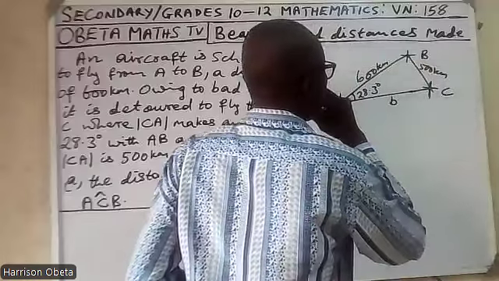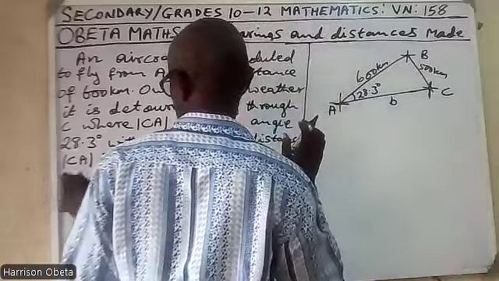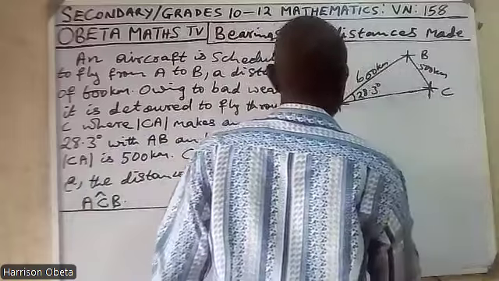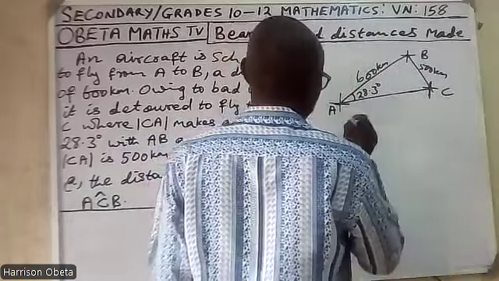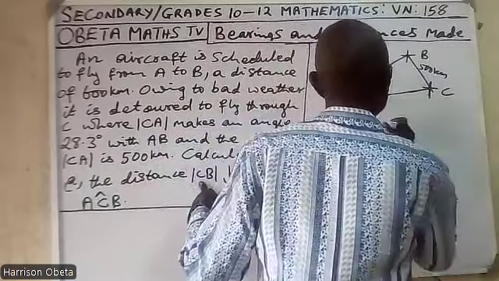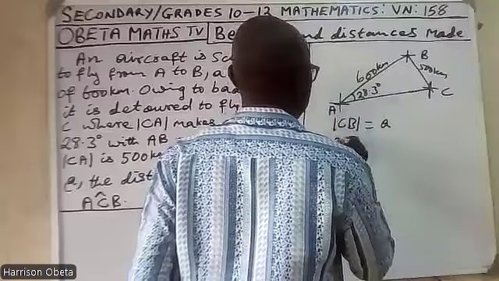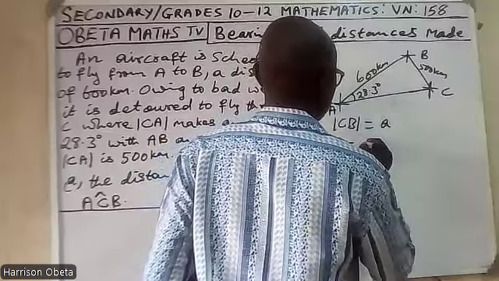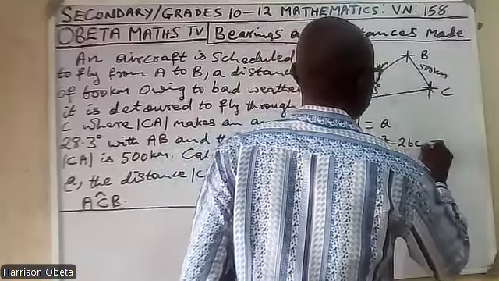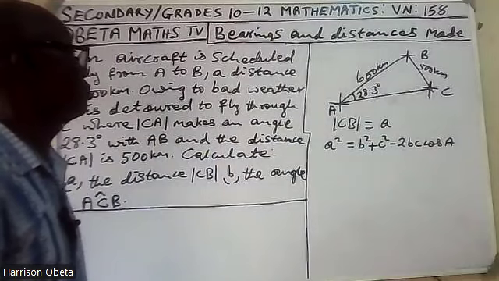So we are talking of distance CB. So the first question is to find CB. So CB is the one we can take to be A. That is this. So we now use A squared is equal to B squared plus C squared minus 2 BC cos A using cosine rule.